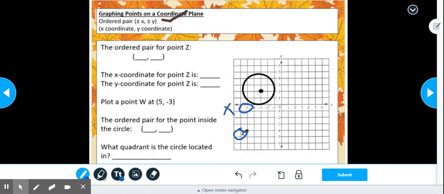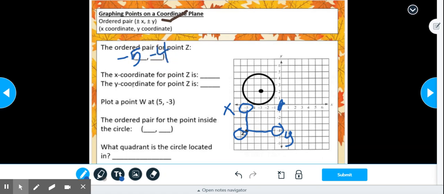And then we go down, -4, and that is our Y. So you guys can label this. You could do it on a test. Just follow the number line starting from the origin. Okay, there we go. So from the origin, we go -5, and Y is going to be -4.